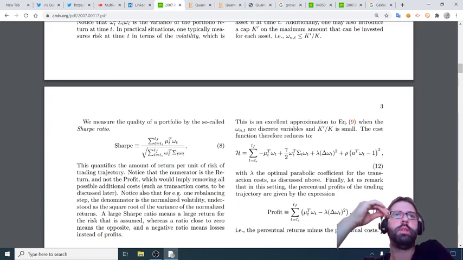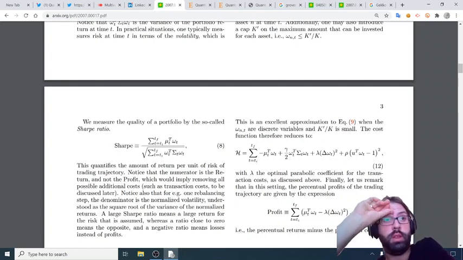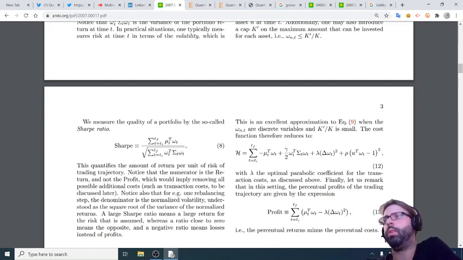That's the volatility. I'm going to have to believe this. I guess I'm not familiar with the field, so I really don't know how you would represent volatility otherwise. A large Sharpe ratio means a large return for the risk that is assumed, whereas a ratio close to 0 means the opposite, and a negative ratio means losses instead of profits. Okay.